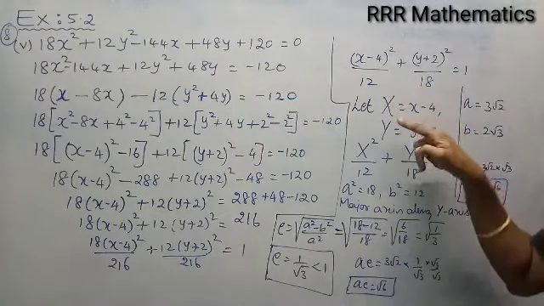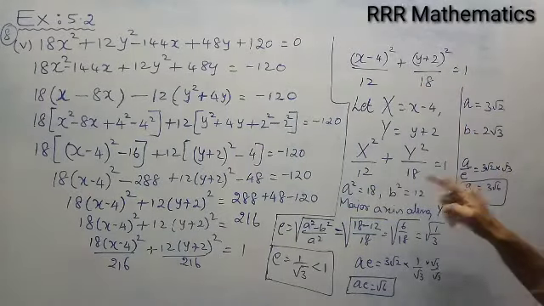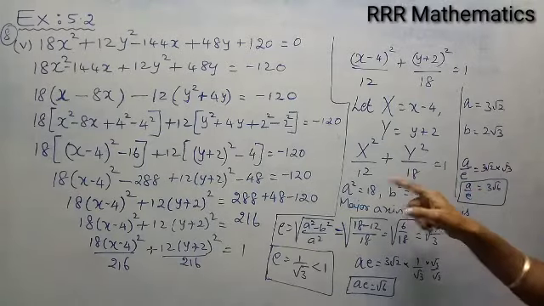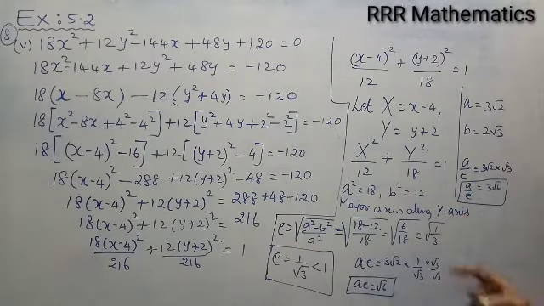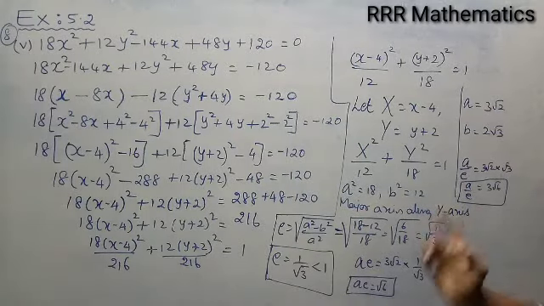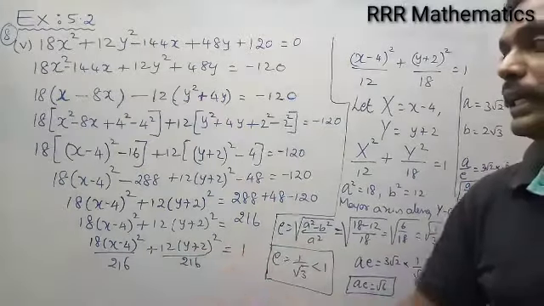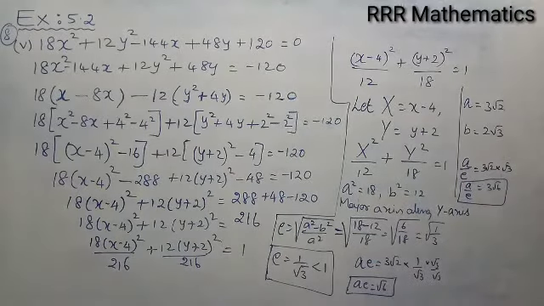After replacing capital X and capital Y, I get the standard equation. In this case, I am getting an ellipse. So I can declare my a square, b square, major axis, a by e, etc. everything. So after finding this one, we wanted to prepare a table. Okay, just take down till here. I'll rub this area to prepare a table. Afterwards, you will get the values of center, foci, vertex, directrix, etc. Is it clear?